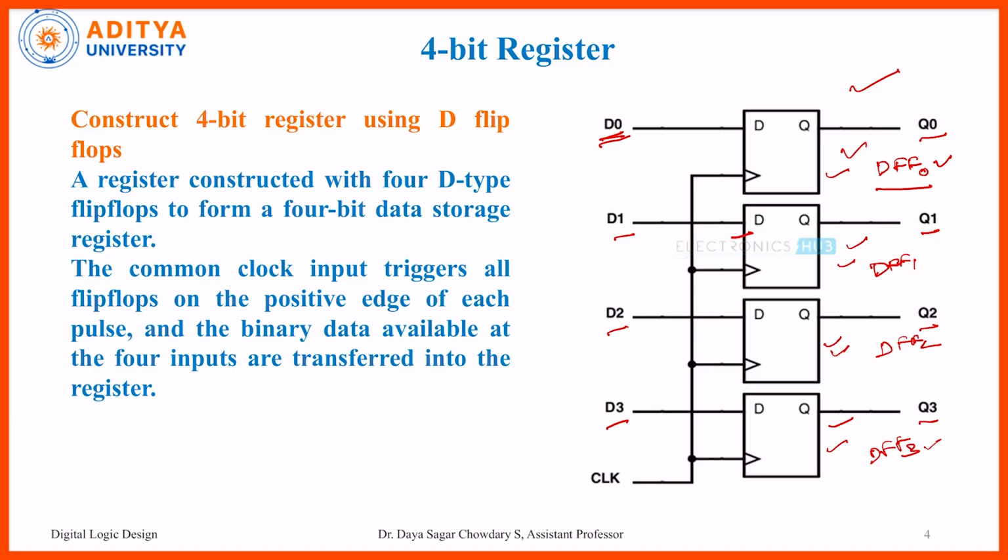All these flip-flops are connected in only one way, through the clock signal. Here the clock is the controlling part. Most of the time for flip-flops, we use an edge-triggered clock, because the clock signal is either going up or down.